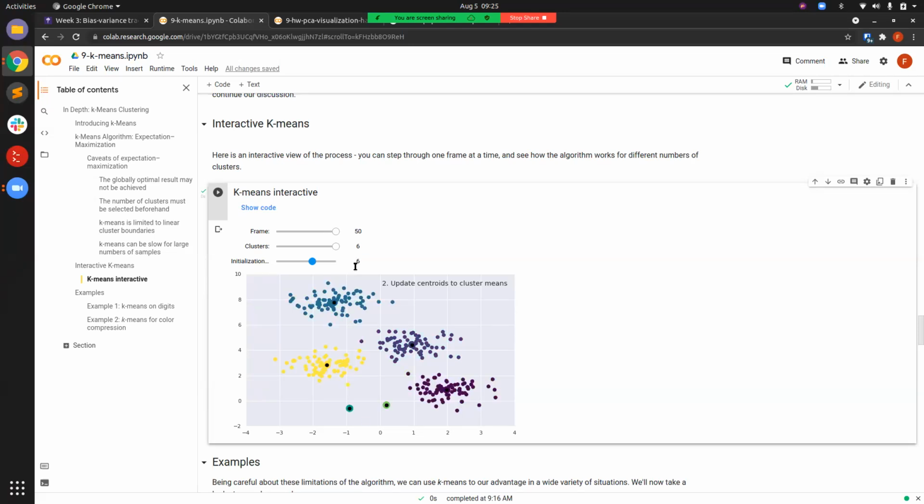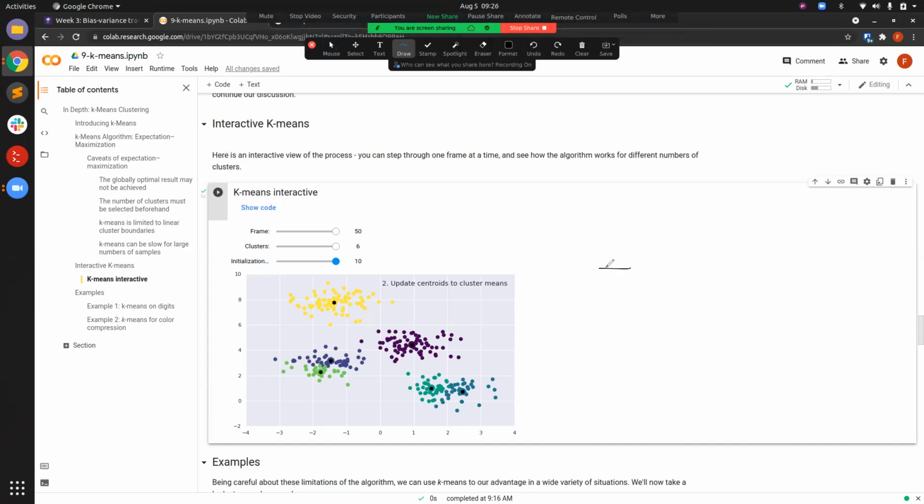But other times it might happily try and give us 6 clusters, like this example, where visually you can see that these 2 clusters are really part of the same cluster, but the algorithm doesn't really care about that. So it's still just trying to optimize this function.